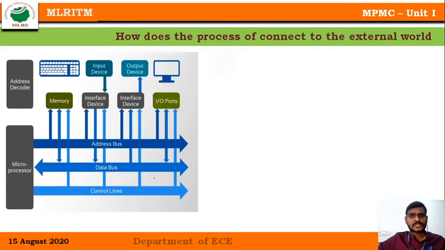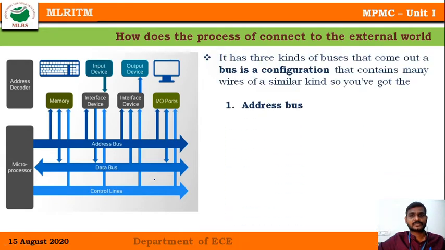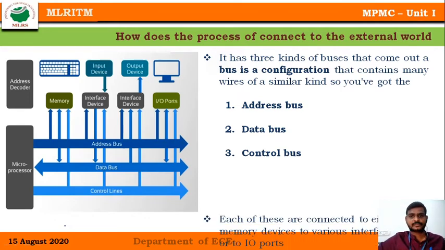A microprocessor needs to be connected to the external world by means of a bus configuration, where the bus configuration consists of an address bus, data bus, and the control bus. These are the three different buses used to interact with the outside world.